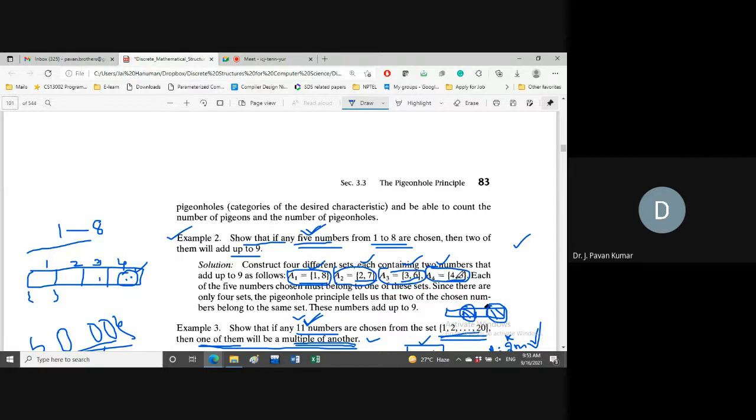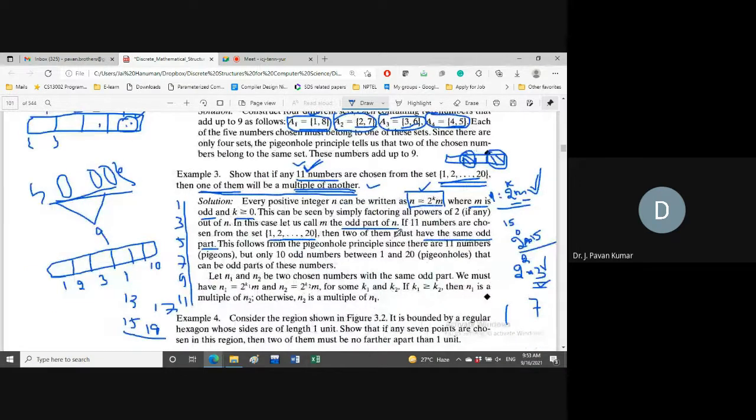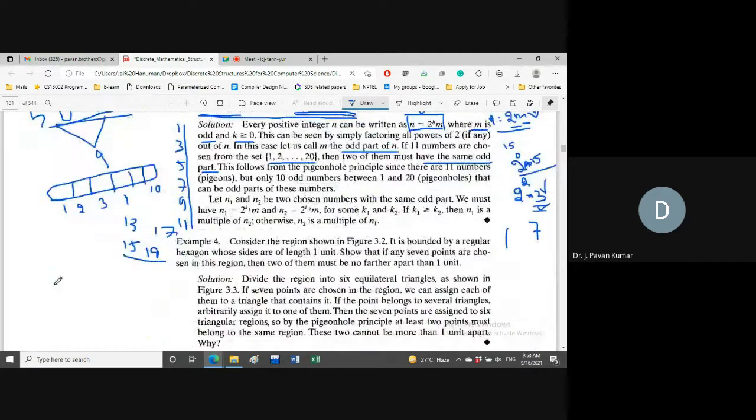That was the modeling. Now here, the pigeonholes are the distinct odd parts, 1, 3, 5, 7, 9 and so on up to 19.